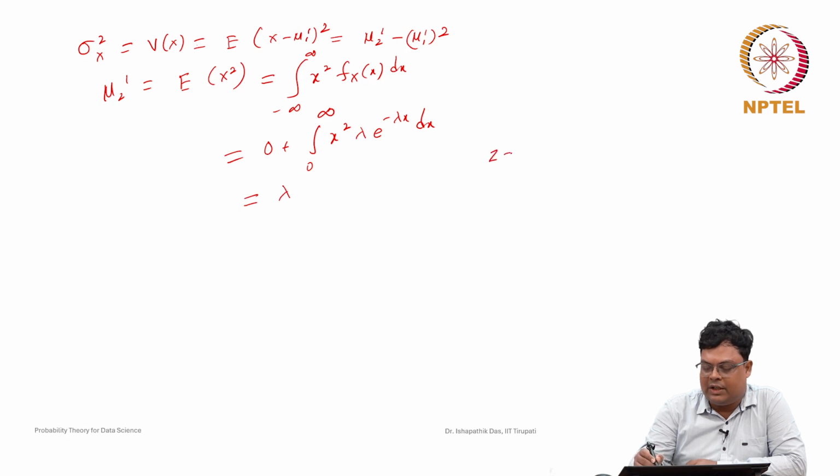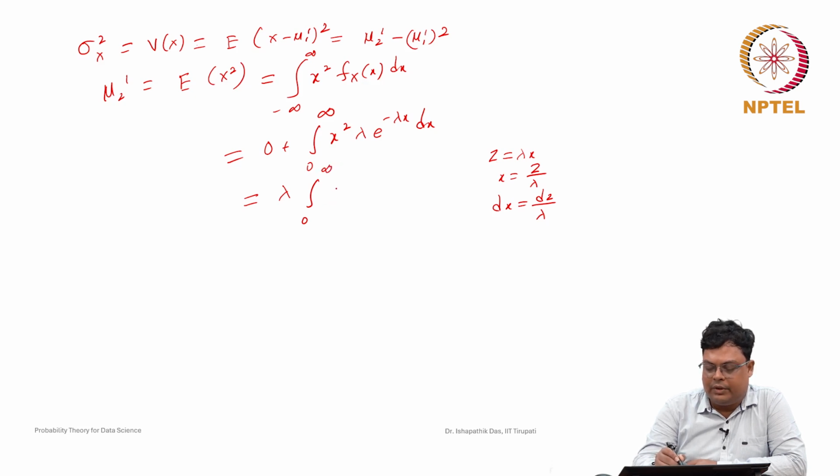Z is equal to lambda x, so x will be z by lambda and dx will be dz by lambda. We just replace here, and the limits do not change, as we have already shown. When x goes to 0, z goes to 0, and when x goes to infinity, z goes to infinity.